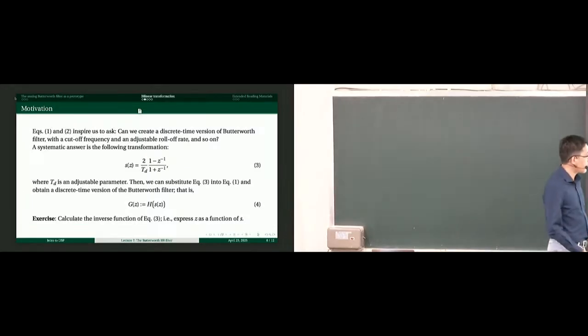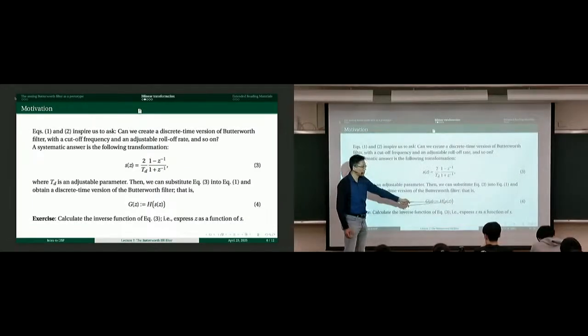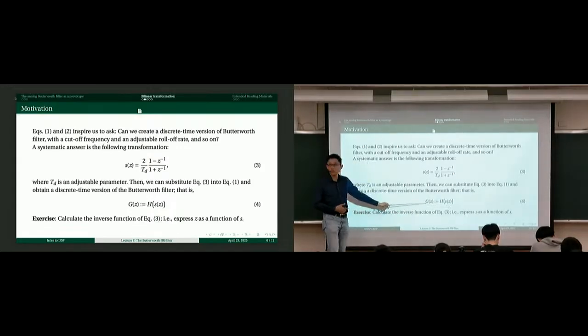Now, whenever you see S, just make a substitution. Rewrite S as a function of Z. Is that clear? Whenever you see S, rewrite S as a function of Z. And then the result will become a function of Z. This composite function, let's call it G.